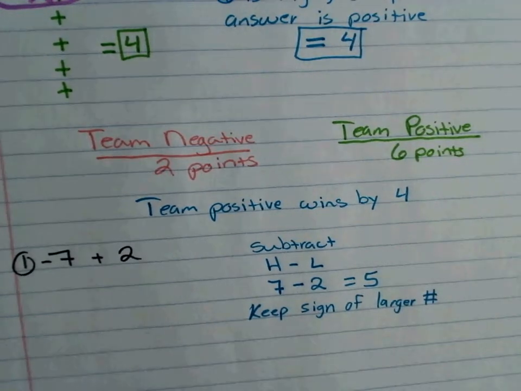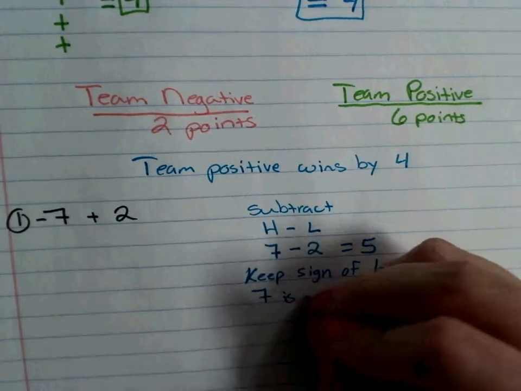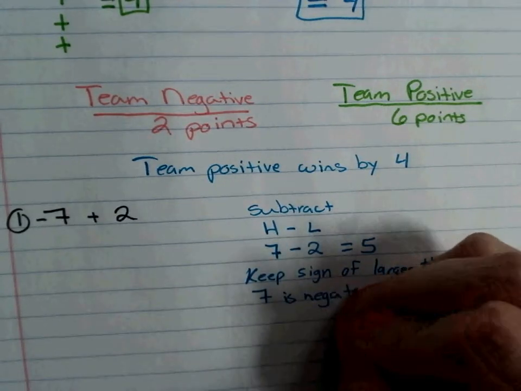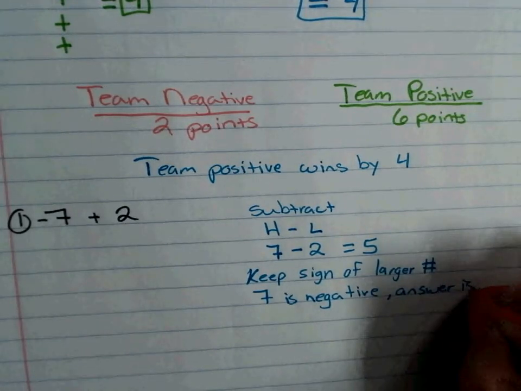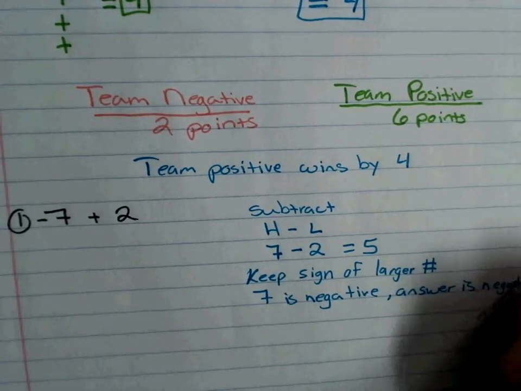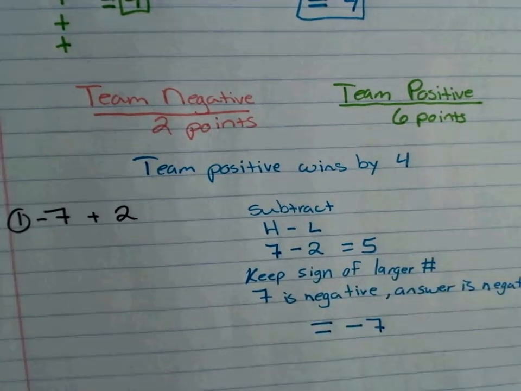So what sign was the 7? Negative. Negative, right? 7 is negative, answer is negative. So I know my final answer is -5.